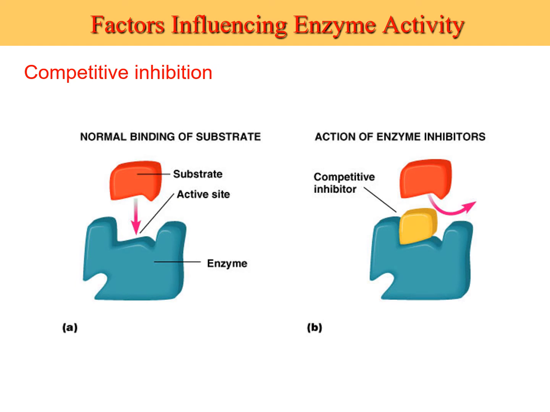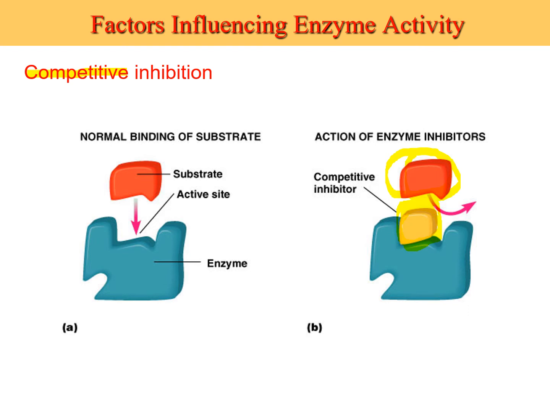Okay, let's talk about inhibition. We talked about inhibitors, and we said you can have competitive inhibition or non-competitive inhibition. Competitive inhibition refers to an inhibitor that can directly occupy the active site and therefore prevent the normal substrate from getting into the active site of the enzyme.